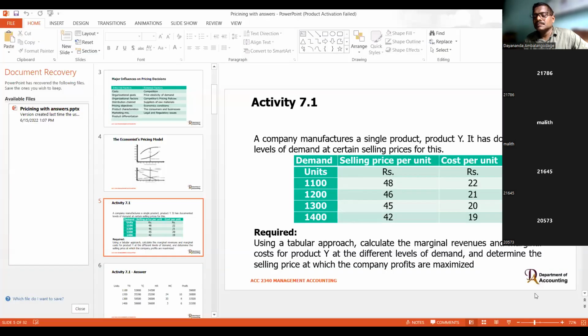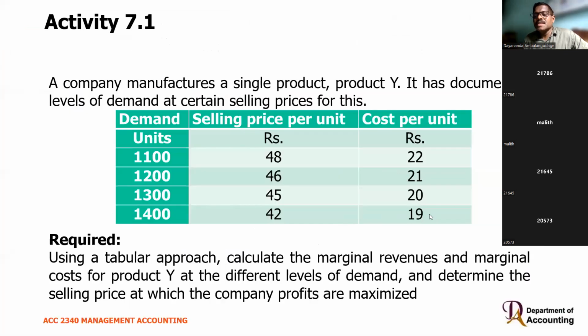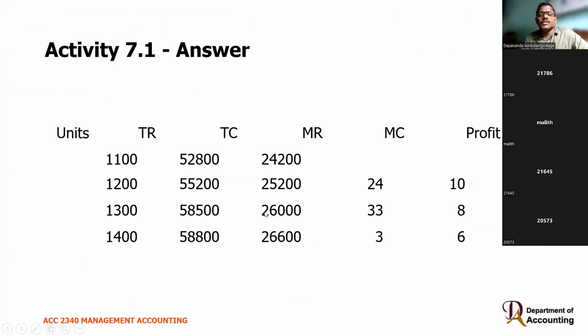Okay, were you able to work out the answer? Without taking much time, we will see the answer. So what I have done is I have prepared the TR, TC, and MR and MC. At that point, you see that profit is maximized at 1,300 units, where you are making 32,500 profit.